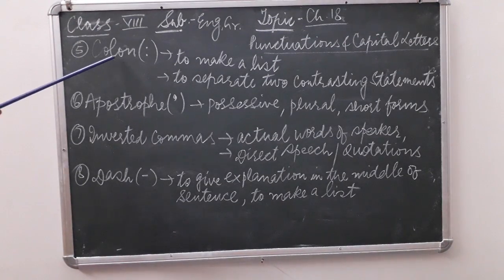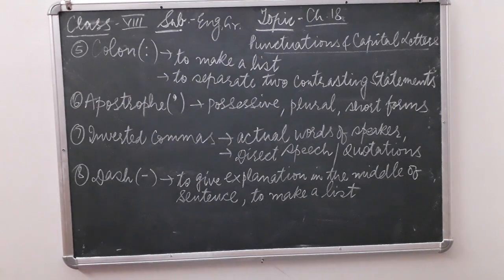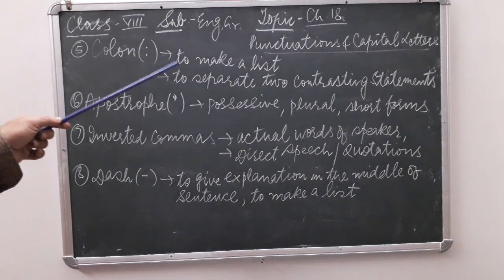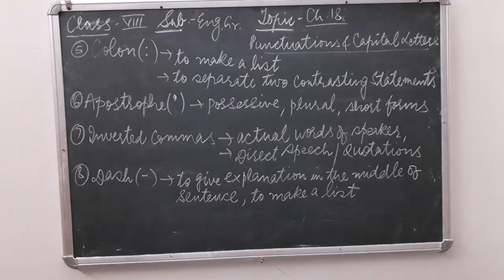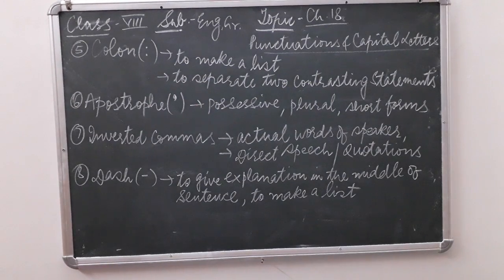Next punctuation is colon. Colon means a double dot, one up and one down. Colon is used to make a list. For example, you must bring the following things along with you tomorrow: number one, an eraser; number two, a pencil; number three, notebook; number four, your book, etc. Next, to separate two contrasting statements.